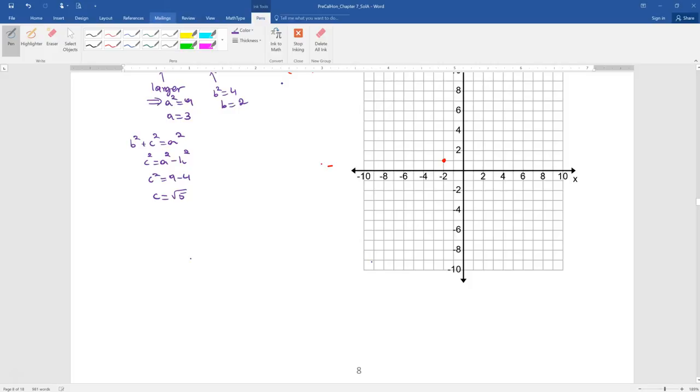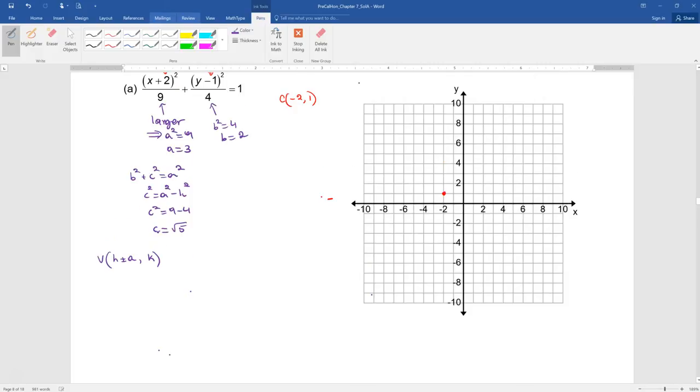So for the vertices, it's going to be H plus or minus A, comma, K. What was H? Negative 2 plus or minus 3, comma 1.